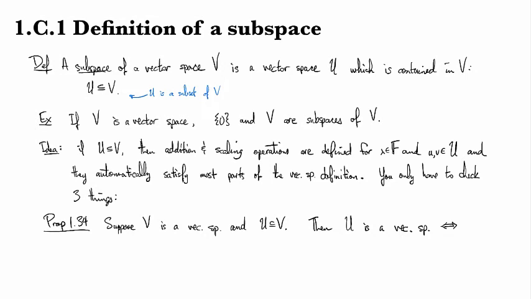So if and only if we have that it contains 0, it's closed under addition, and it's closed under scalar multiplication.